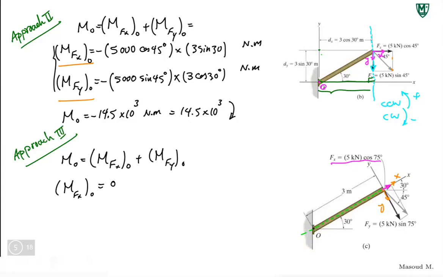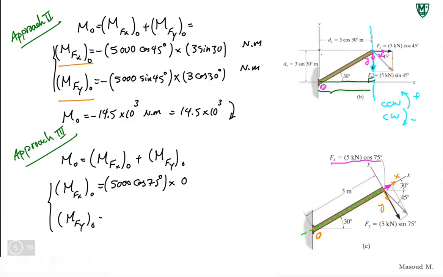If you want to be more technical, write it this way: 5,000 cosine 75 degrees times 0. Why? Because there is no distance here. This line is passing through point O. There is no perpendicular distance. So this component does not create any moment.